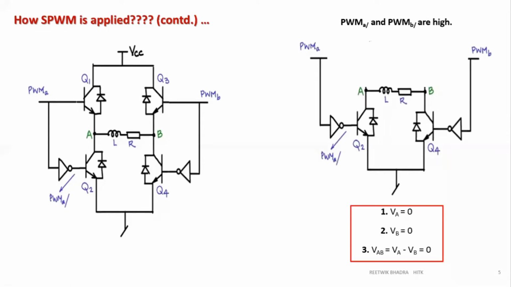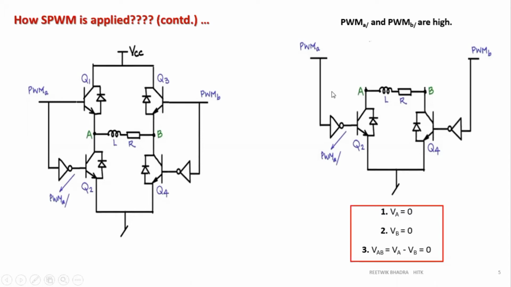And the last and foremost condition is when PWM A bar and PWM B bar are high. If PWM B bar is high, which switch is PWM B bar connected to? Q4. Which switch is PWM A bar connected to? It is Q2. So I can say Q2 and Q4 are on.